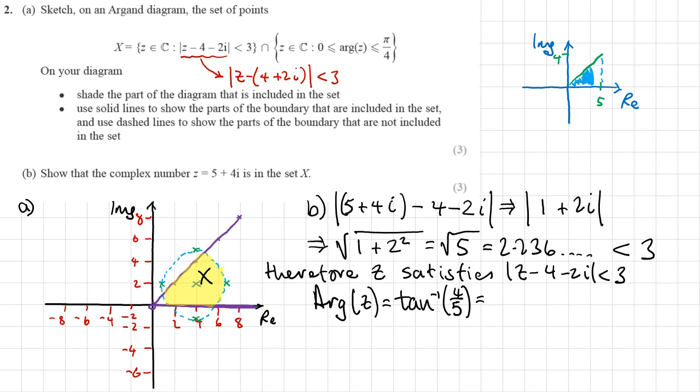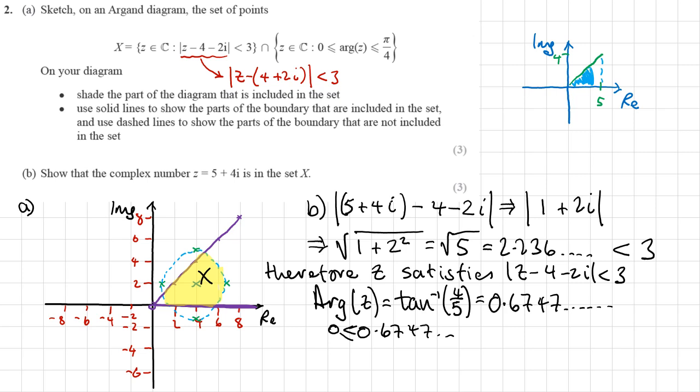and making sure that your calculator is in radians, that's 0.6747. Okay, how does that compare to, well, it's definitely greater than 0, so 0.6747 is greater than or equal to 0. Right, now is it less than or equal to pi over 4?